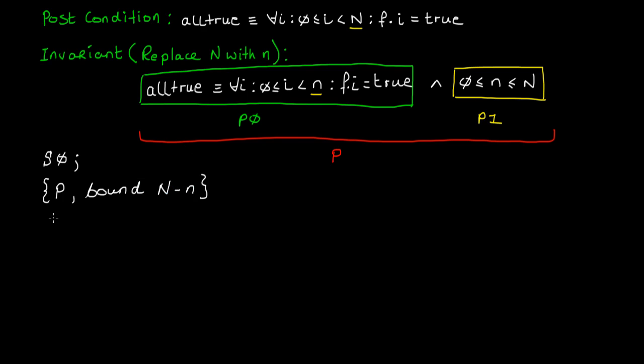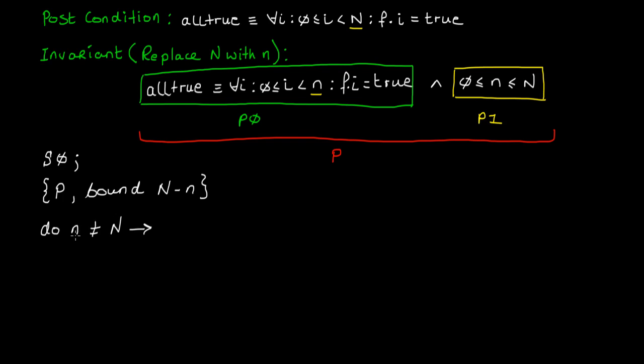So once we've established our invariant, then we can write our loop, and our loop is going to be do small n not equal to large N. Why is that? Well, we know that this has to be the case for our loop because we have replaced large N with small n, which means we're processing from the beginning of the array to the end of the array.